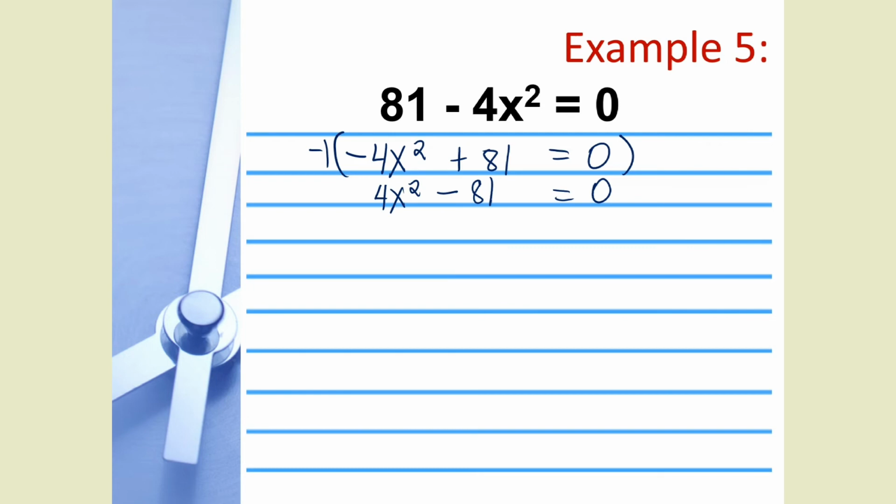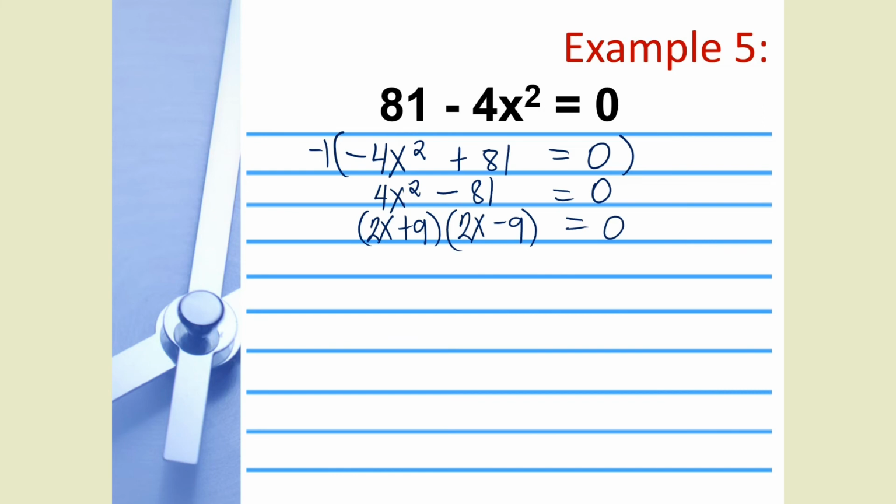So, gagawin natin, the square root of the quadratic term 4x squared is 2x times 2x. And then, itong negative 81, ang square root ng 81 ay 9, so isang positive 9 at isang negative 9.